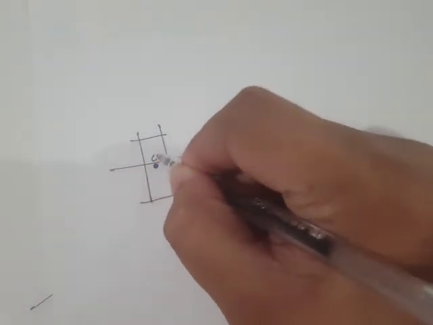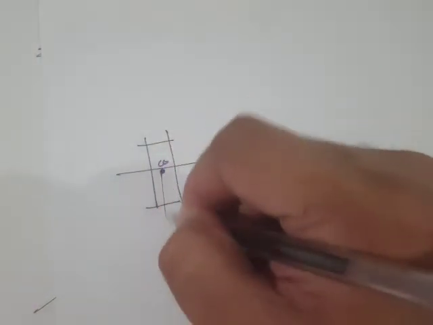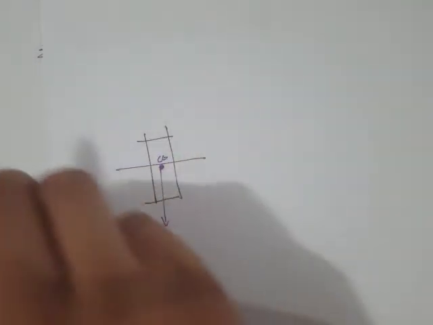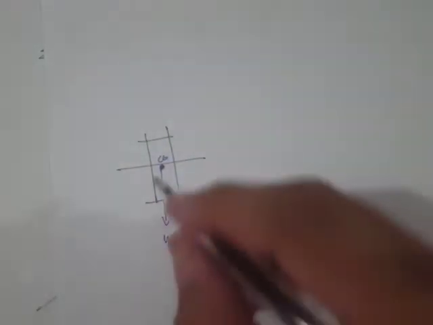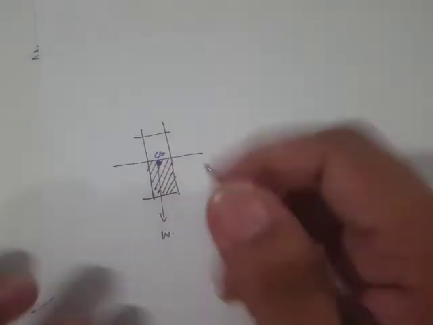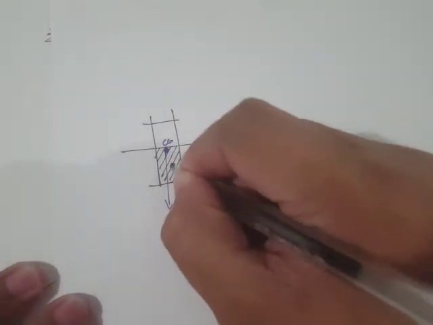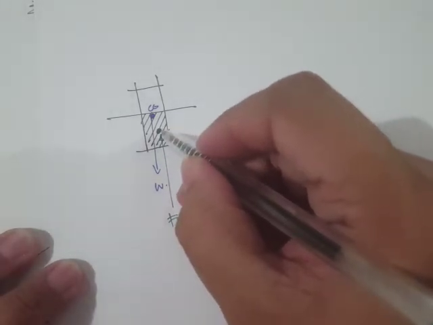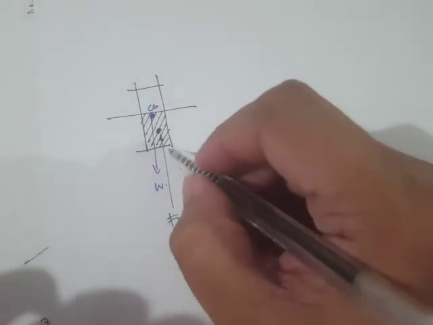So this is our C sub g, and the C sub g will induce weight. Now, let's say this is our displaced volume. This displaced volume also has a centroid, and that centroid is the center of buoyancy. That's where the buoyant force is acting.